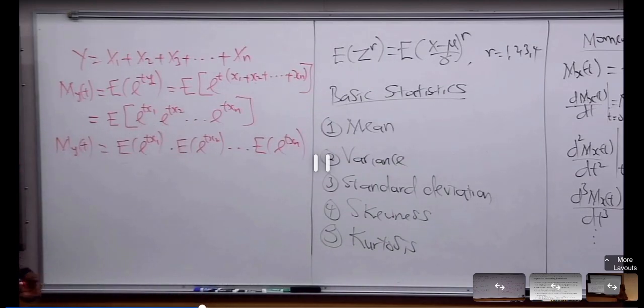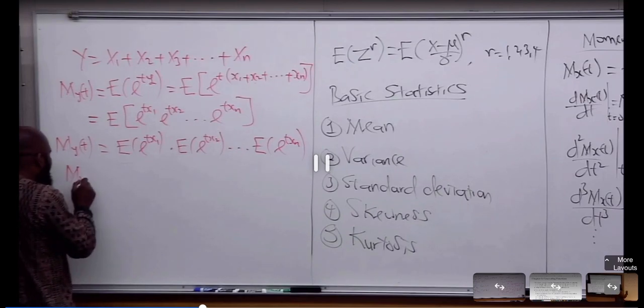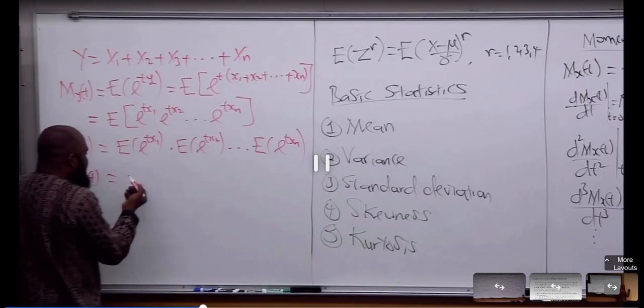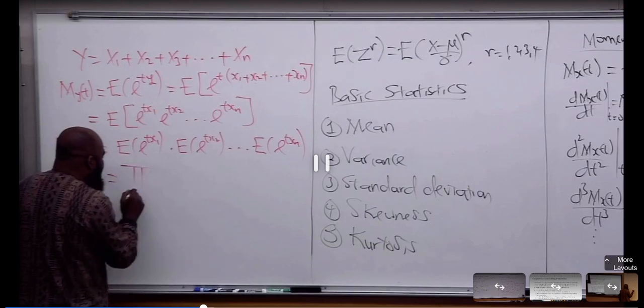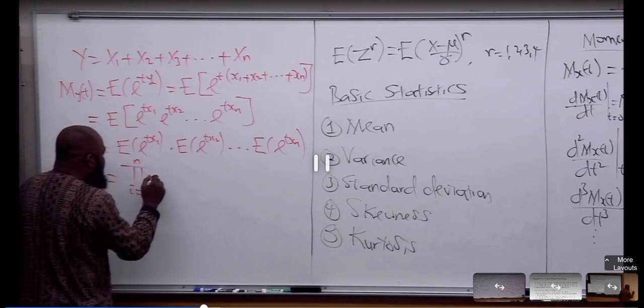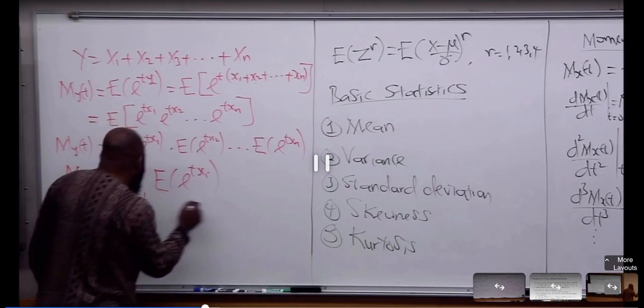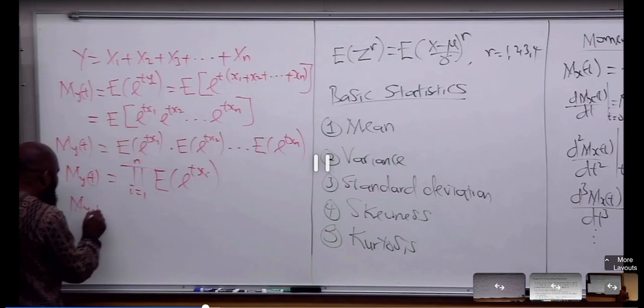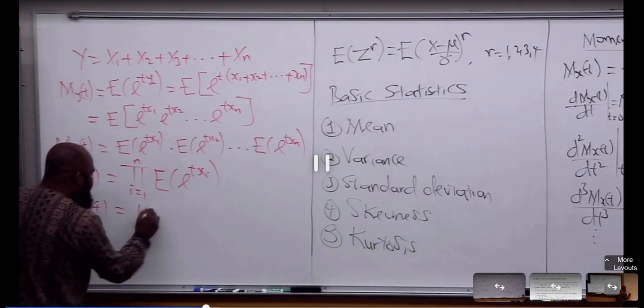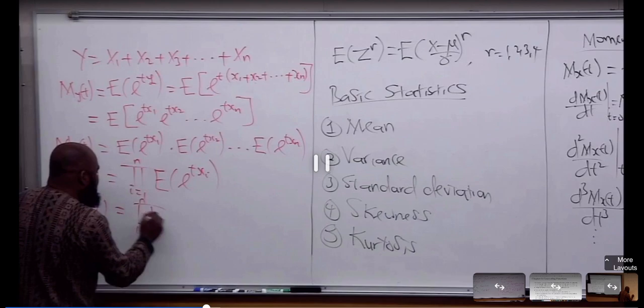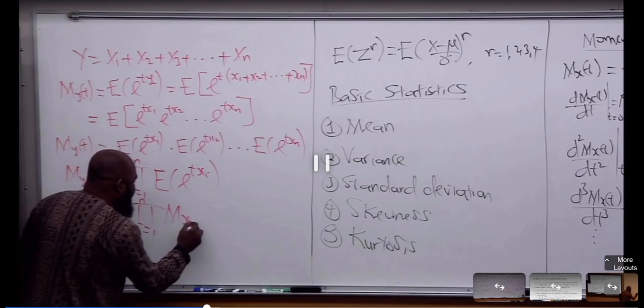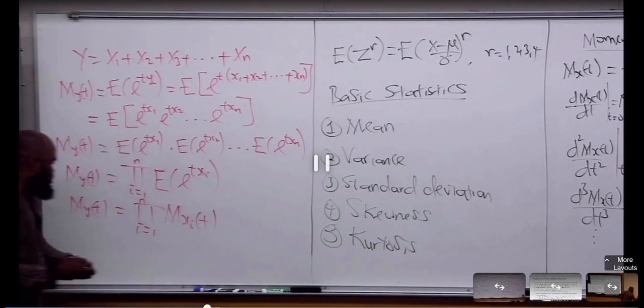So what am I trying to showcase? If I want to write it in short form, I just write this guy now, product of e to the tXi, and I can also rewrite this as the product from i equals one to n of M_Xi of t.